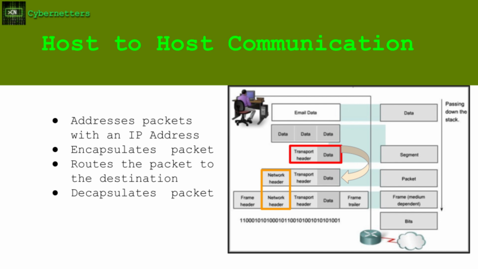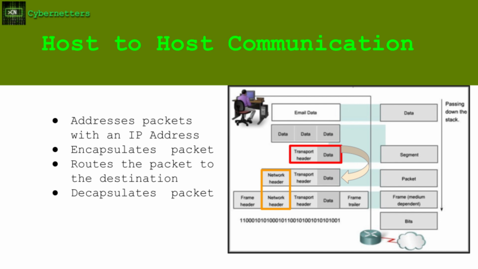This makes sure that the data reaches the correct devices across networks. For example, your computer with the IP 192.168.1.10 can send a request to 8.8.8.8, which is Google's DNS, and the IP address identifies where the request is going.